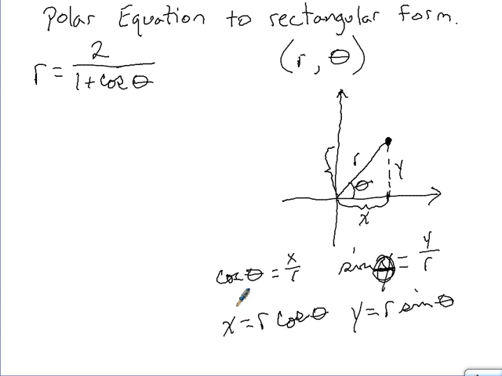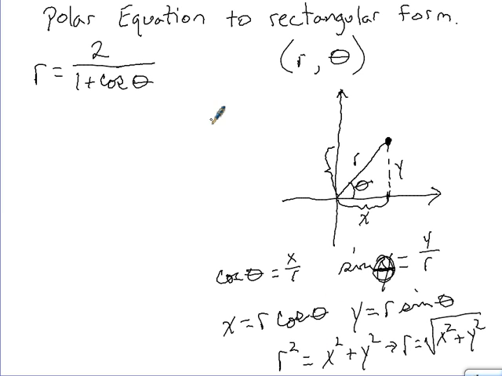Well, you'd use the same relationships. You can use your trigonometric relationships, or you can use the Pythagorean theorem. R squared is equal to x squared plus y squared, which leads us to r equals the square root of x squared plus y squared.